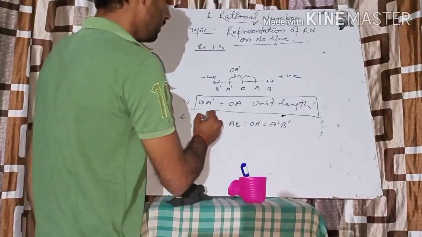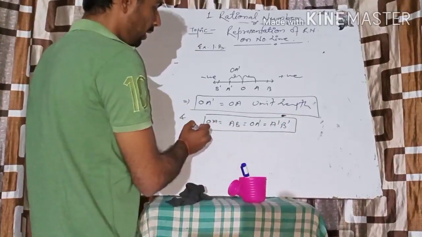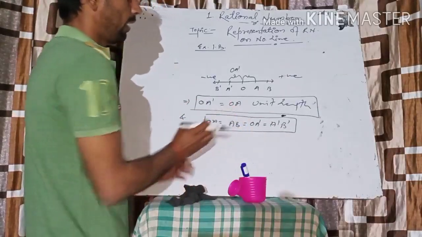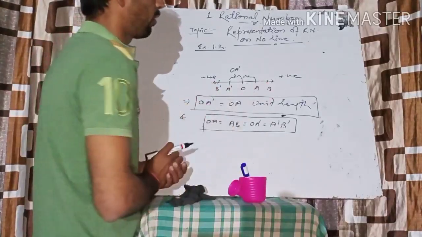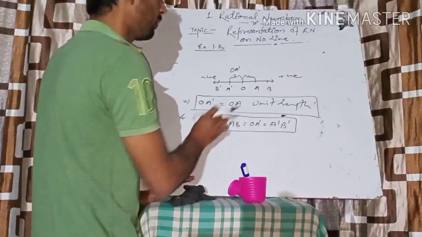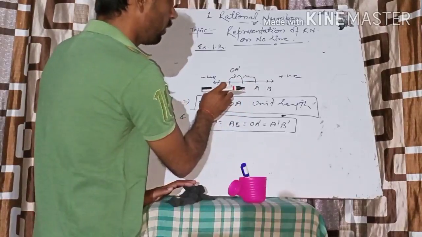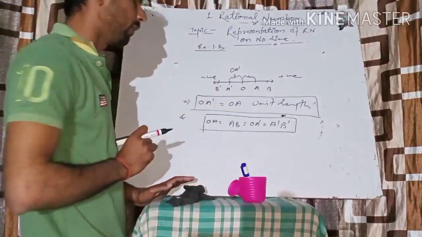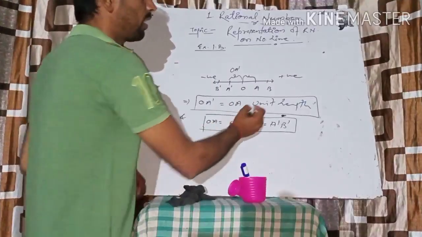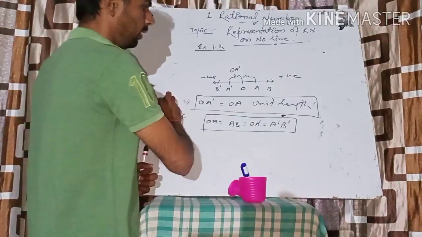These are points, and the distance from O to A and A to B always remains the same, and the length from O to A dash and A dash to B dash is the same. This distance is known as the unit length in this case.